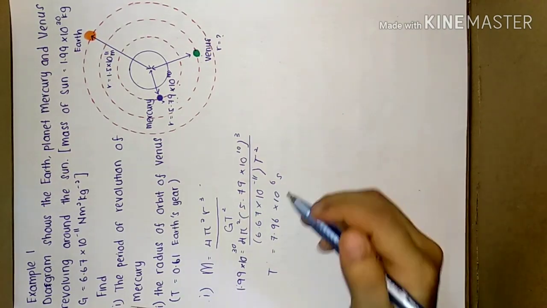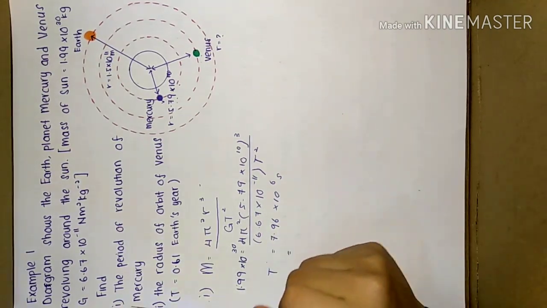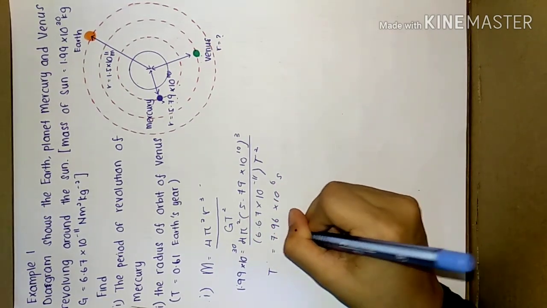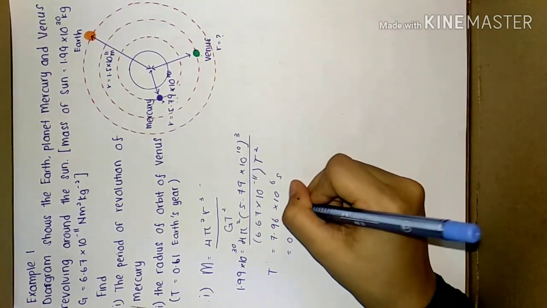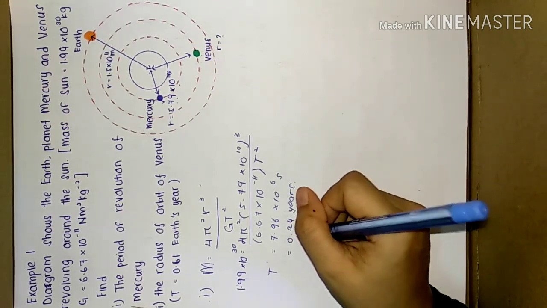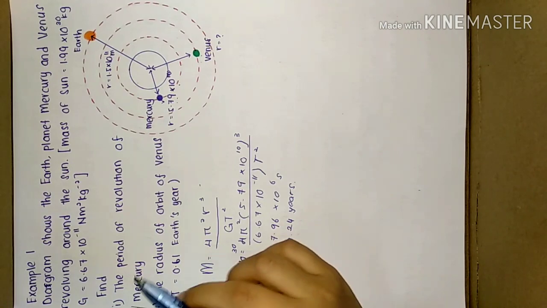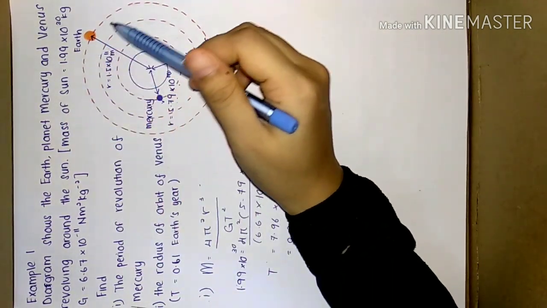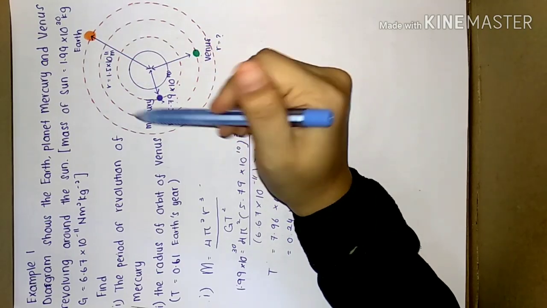Remember, this is in seconds. We can convert this into years, and we have 0.24 years. So 0.24 years is the period of revolution of Mercury to complete one circle around the Sun.